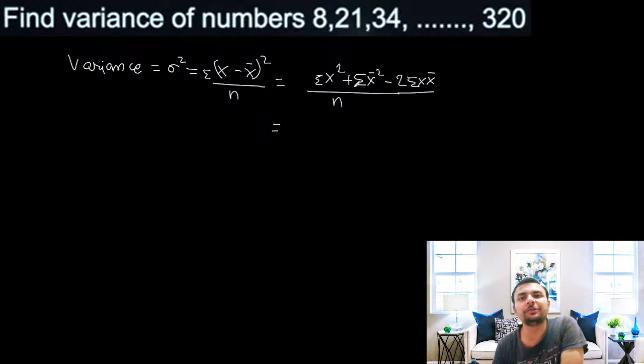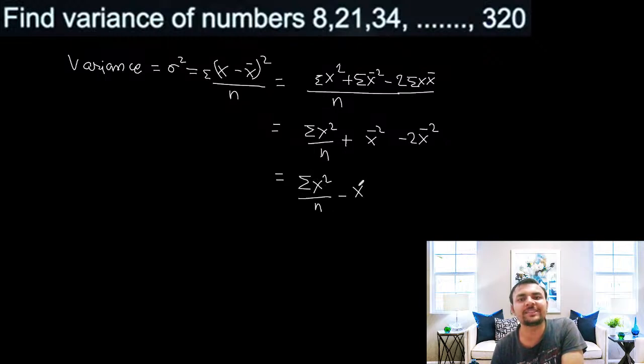So if you see, this is summation of x square by n, and what will happen, this will become minus 2x bar summation x, and n x bar whole square upon n. So it is nothing but summation x square upon n minus x bar square.